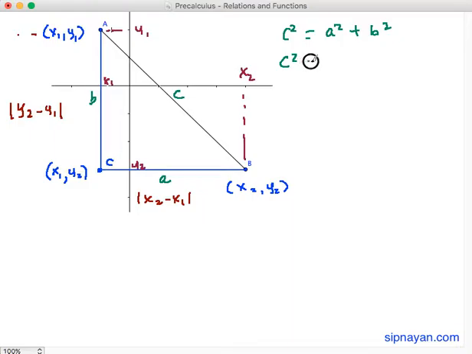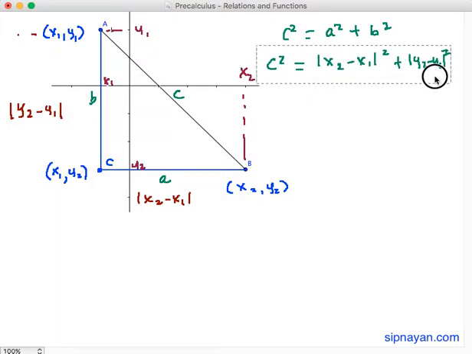Now, c squared is equal to, what is our a? x sub 2 minus x sub 1, squared. That's our a squared, plus our b, y sub 2 minus y sub 1, squared. Can we get c now? Yes, of course, because we get the square root of both sides.